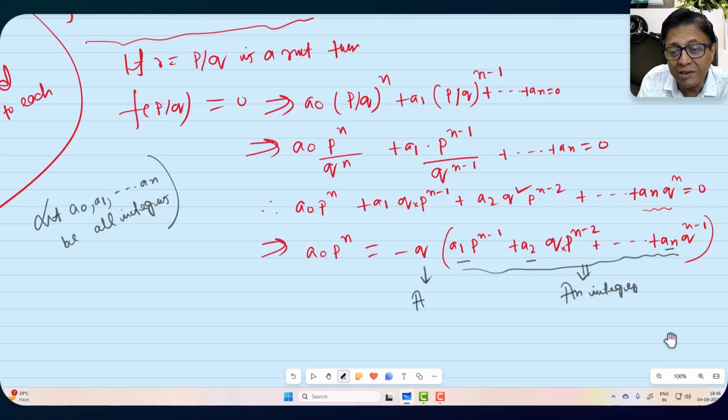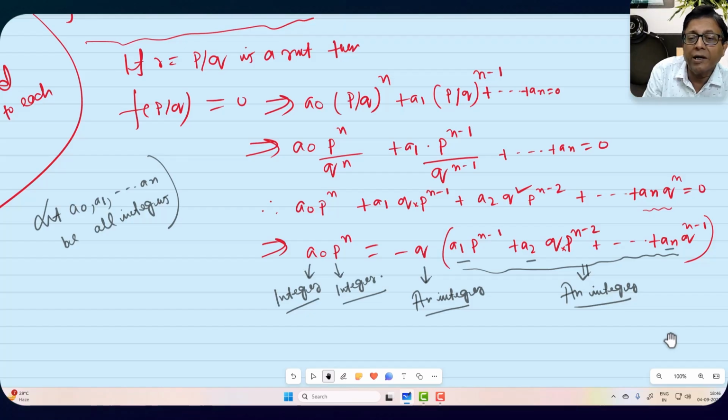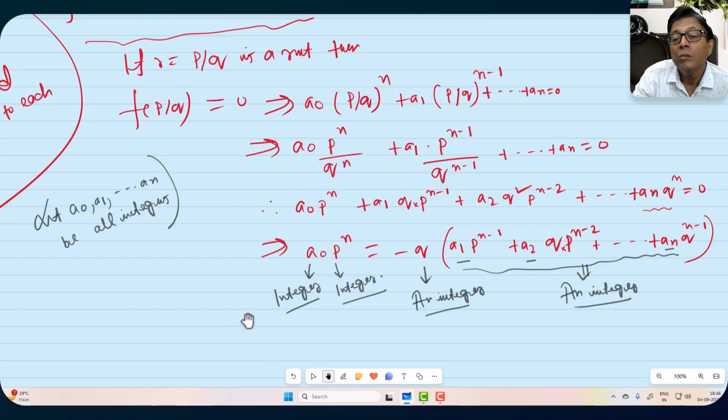Q is an integer. a0 is an integer, p to the power n or p is also an integer. Okay? All these are integers. Now you observe that left hand side is a0 p to the power n and right hand side has q. And we know that p and q will not divide each other. They do not have a common factor at all.